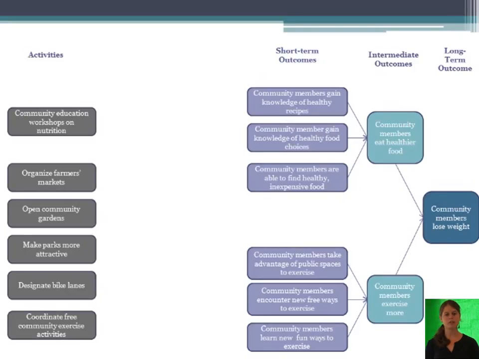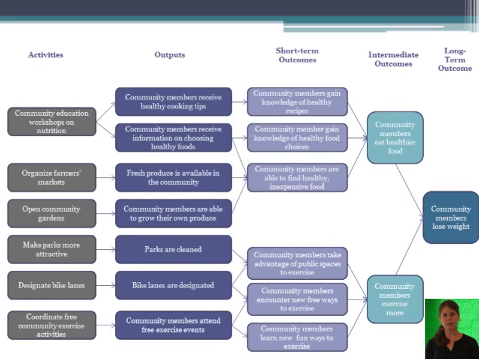We drop in our activities, which consist of community education workshops on nutrition, organizing farmers markets, opening community gardens, making parks more attractive, designating bike lanes, and coordinating free community exercise events. We'll put in our outputs, which we'll explain a little bit more, but are just really the receipt of those activities.